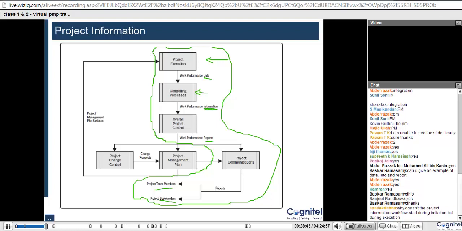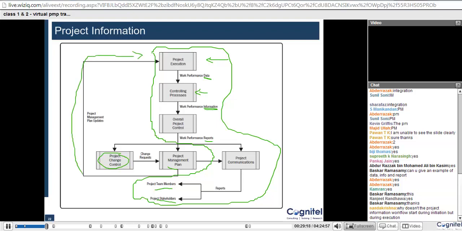Good. Right, now I'll just come back quickly to these two boxes which I left. What it means is that when you see work performance reports, you would probably analyze and see that maybe there is some change required in the project, which would be taken up by the project change control, and a change request would be raised, and that particular thing would be changed in the project management plan, which would again go for execution.